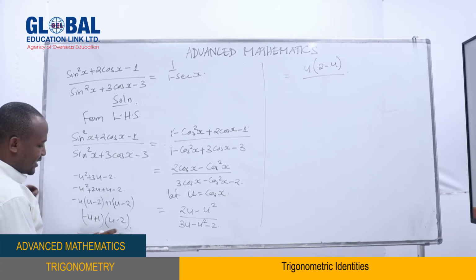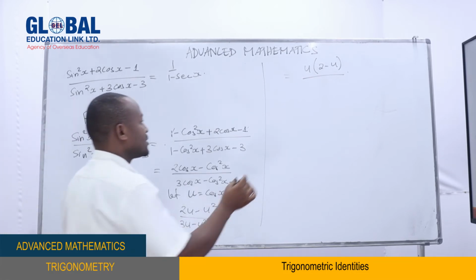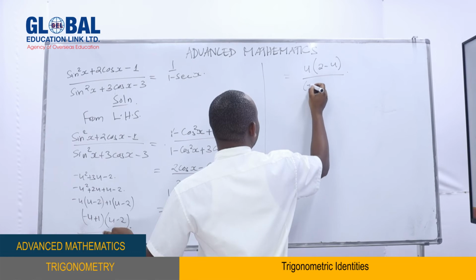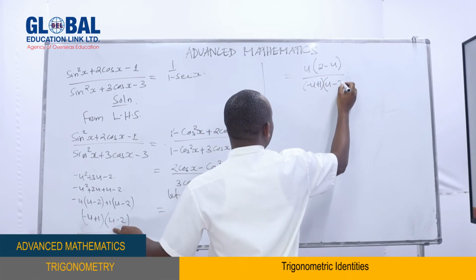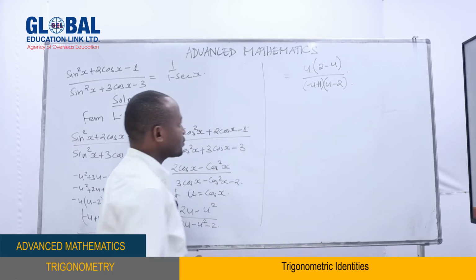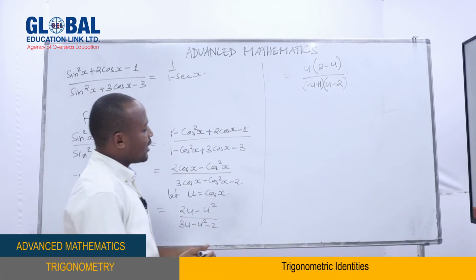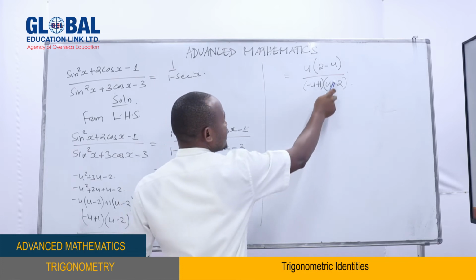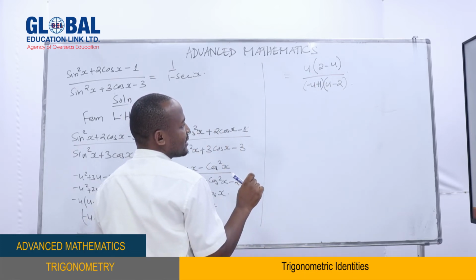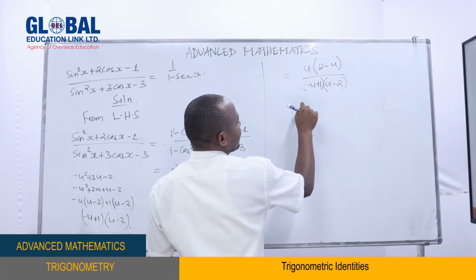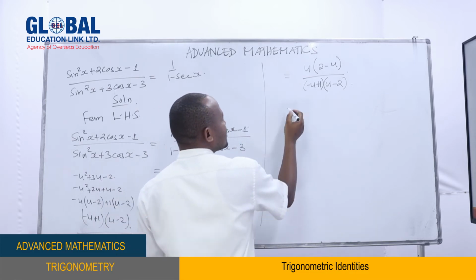So instead of writing that expression, now we are going to write this one. That means we are left with negative u plus 1, u minus 2. As you can see there, this and that resemble, but it misses a very minor thing. Now let's move on.